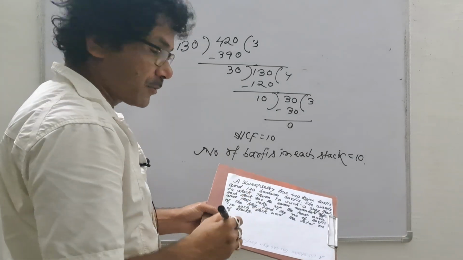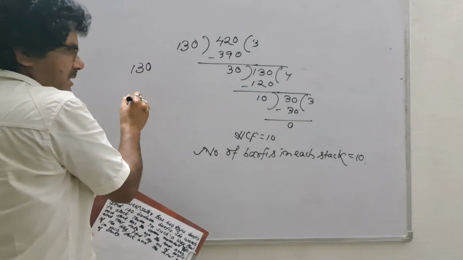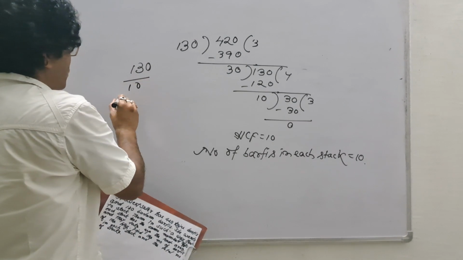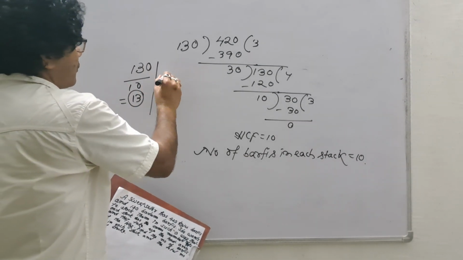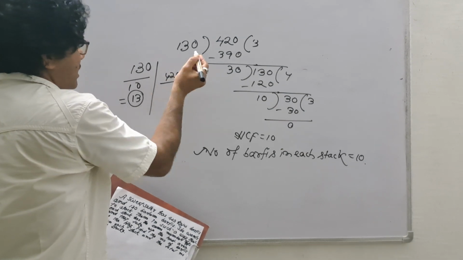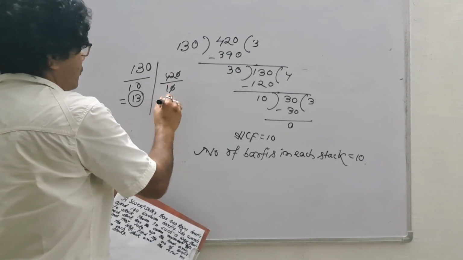And also the total number of stacks. You see, each stack contains 10. So how many stacks from 130 will we get? 13 stacks. And for 420, each stack contains 10, so from 420, how many stacks will be formed? 42.